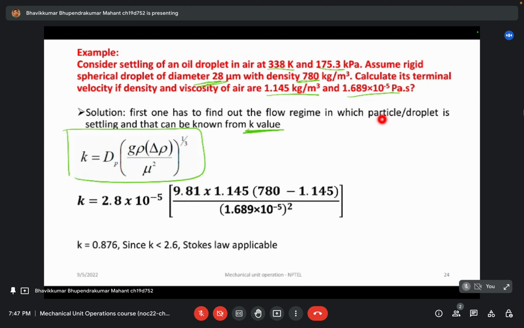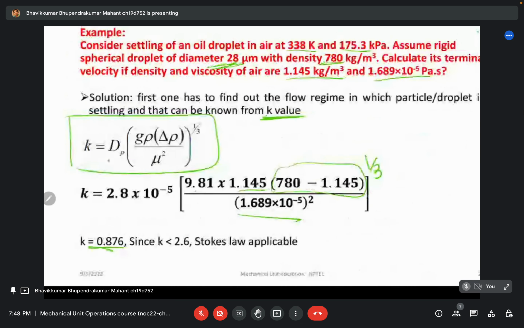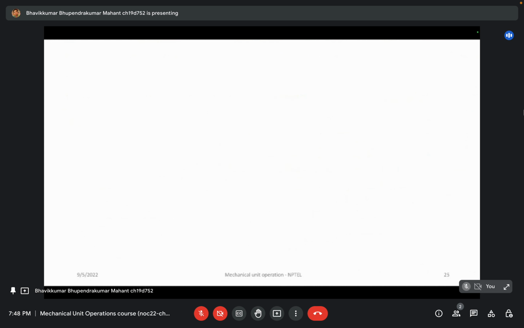Substituting, the value of d_p is 28 times 10 to the power minus 6, g is 9.81, rho is 1.145, the difference of the densities, and the viscosity square. At the end this is the true value. The K value is less than 2.6, so we can consider that it is in the Stokes law regime. That's why Stokes law is applicable.